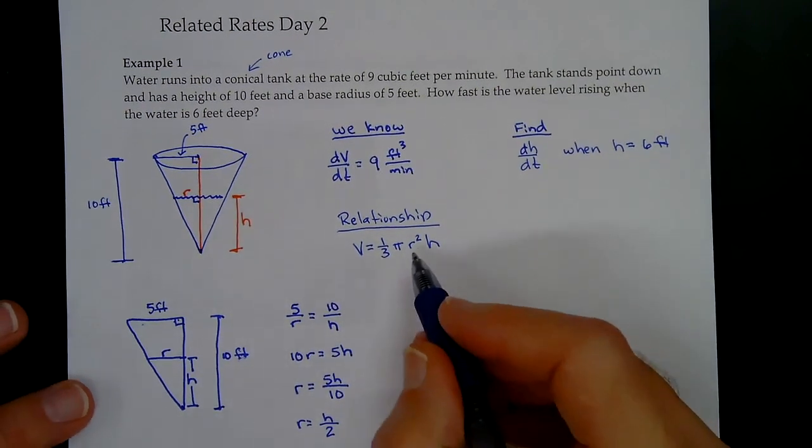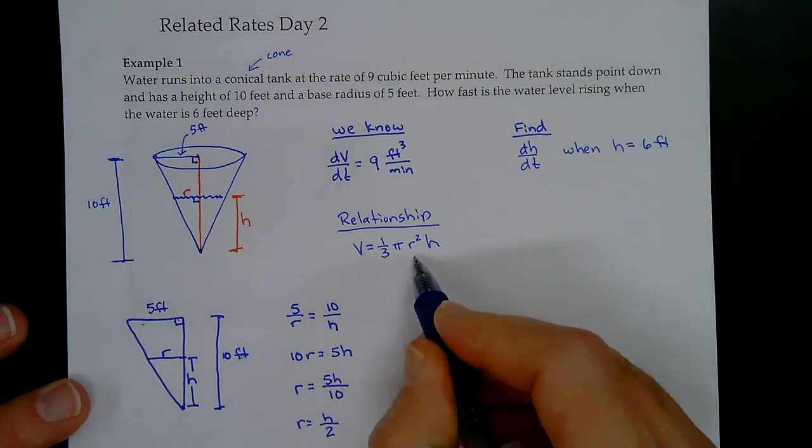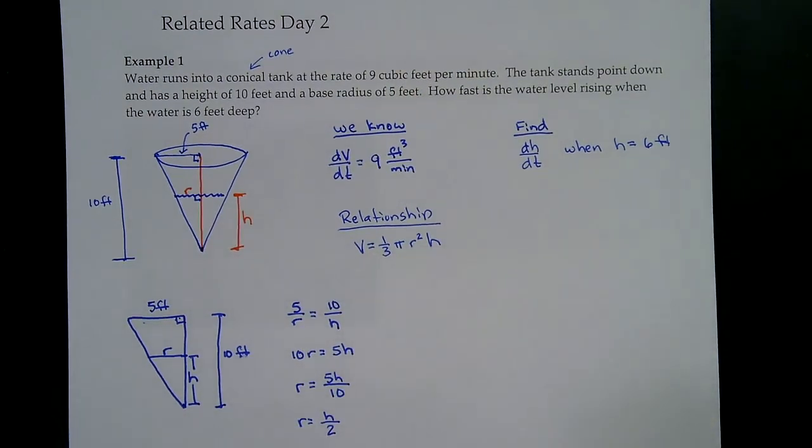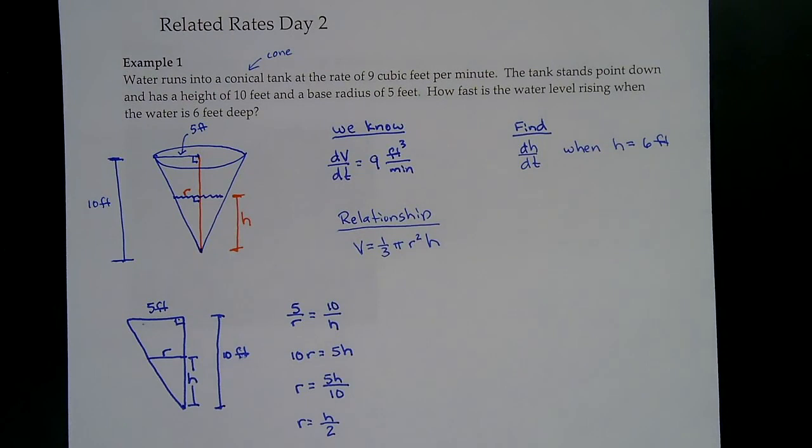Okay, so we're going to put that back into this r right here. And now we're going to have a relationship that's only dealing with V and H, and then we'll take the derivative, and by taking the derivative we'll pick up a dV/dt. We'll also pick up the dh/dt that we're trying to find, and we'll be able to solve, and we'll have it all done, okay?